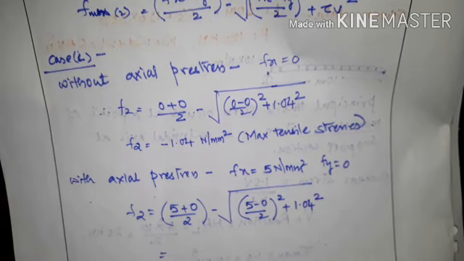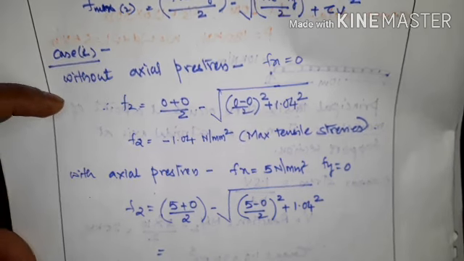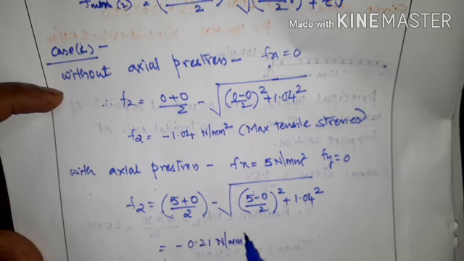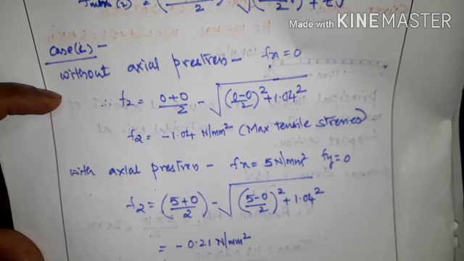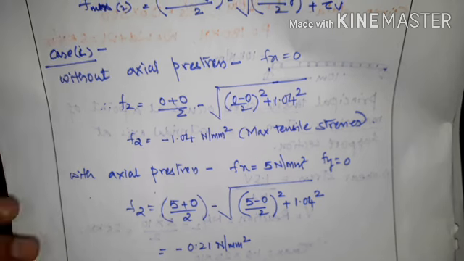So we got the answer as minus 0.21 Newton per mm square. So the maximum stress developed is minus 0.21.